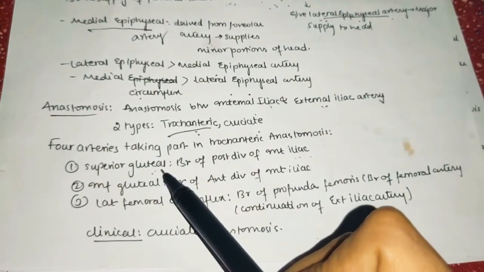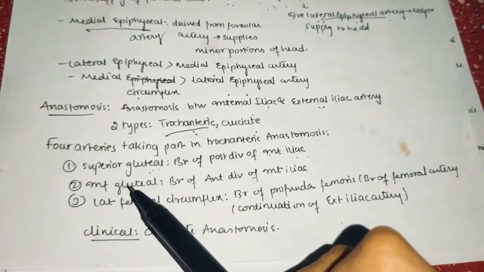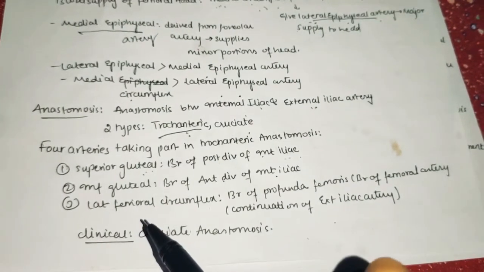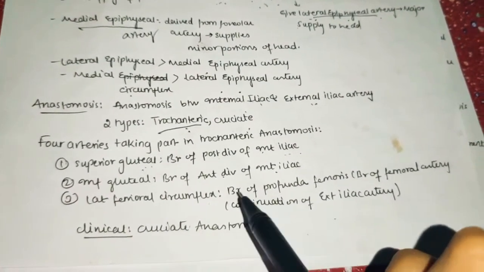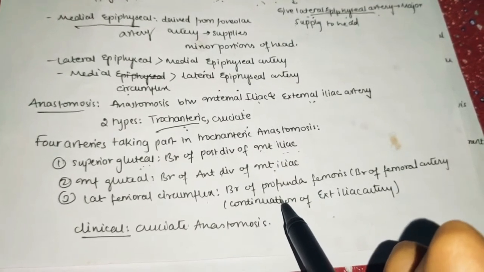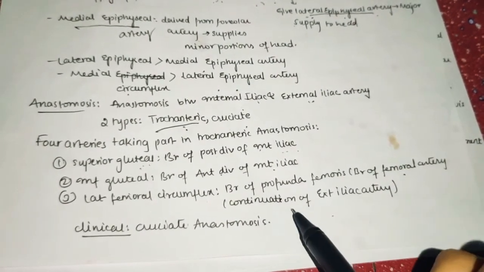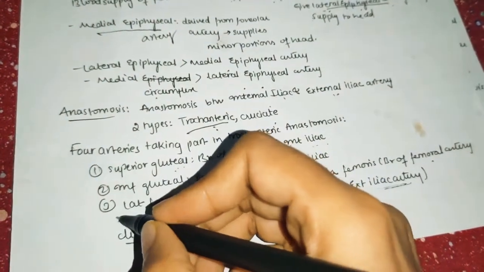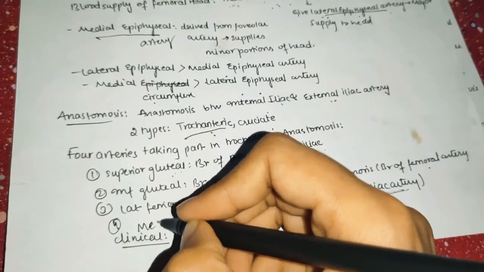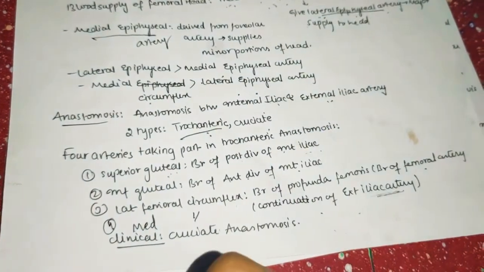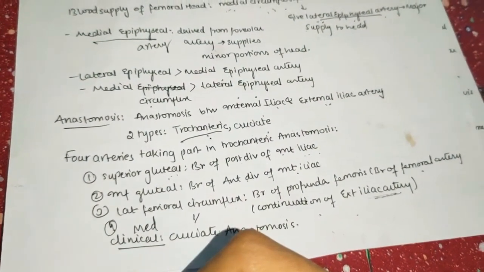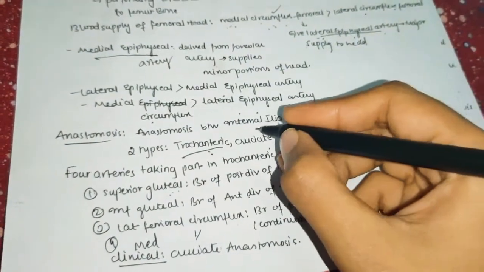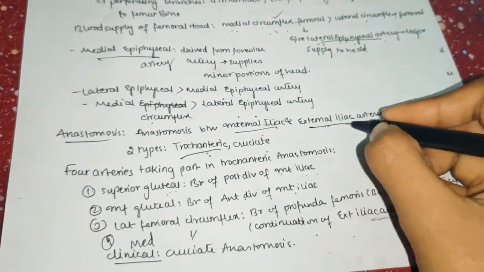The inferior gluteal artery is a branch of the anterior division of the internal iliac, and the lateral femoral circumflex artery is a branch of the profunda femoris, which is in turn a branch of the femoral artery, a continuation of the external iliac artery. Here, I forgot to mention the medial femoral circumflex artery, which also participates in the trochanteric anastomosis. So these are the arteries involved, in an anastomosis mainly between the internal iliac and external iliac arteries.